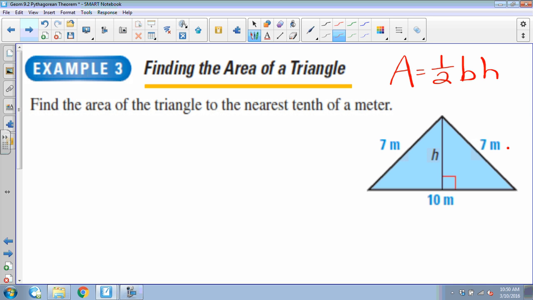So in order to find this, we're going to have to use the Pythagorean theorem on one of these smaller triangles. In order to use the Pythagorean theorem, we need to know what this is. Anybody have a guess? 5. Why? You divided by 2, but why is it okay to do that with this?